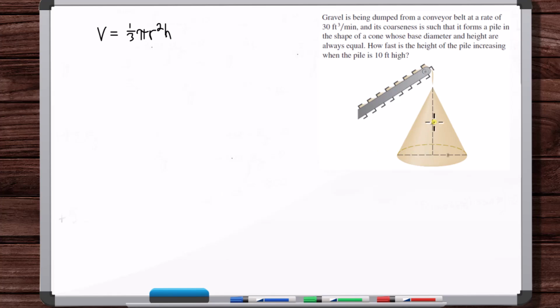Okay, and you can see it gives us these two congruent lines here. And what this is saying is, it's kind of confusing, but the diameter of the base is equal to the height. So 2r is equal to h.